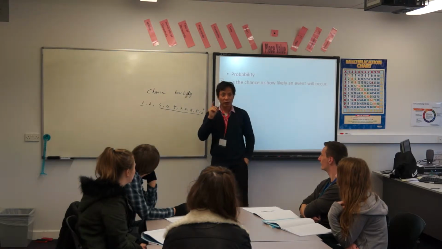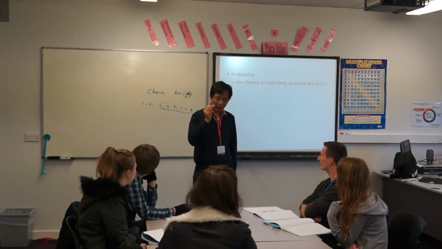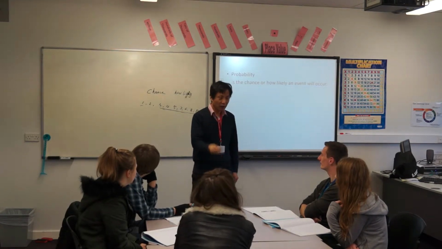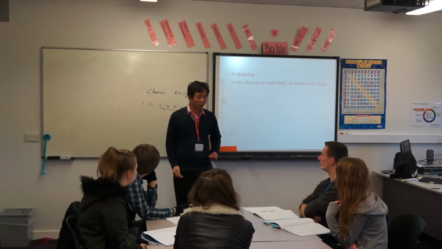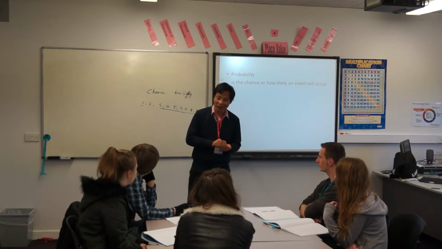Let's play a game, okay? Think about this case. There's a coin, a pound coin. There's a head, there's a tail. If I toss it, we have either a head or a tail.